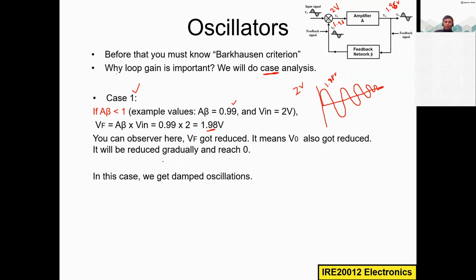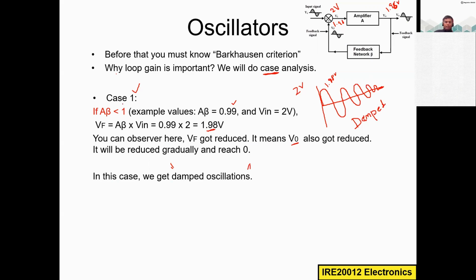It will reduce gradually and reach 0. V out will reduce gradually, and finally it will reach 0. So in this case, we get damped oscillations. We use this special term, damped oscillations. Damped means it is just getting reduced.